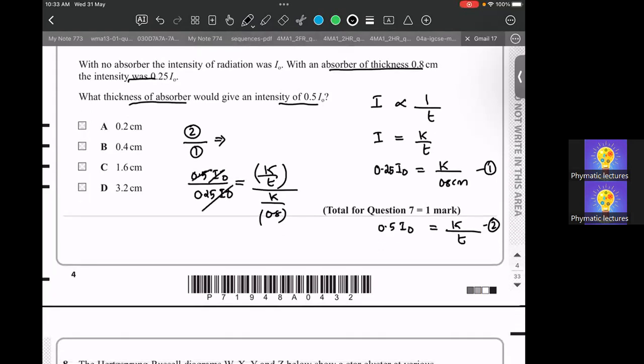I0 gets cancelled. 0.5 divided by 0.25 is 2. And K gets cancelled. So 2 is equal to 0.8 by T. That implies T is equal to 0.8 by 2, that is 0.4 centimeter. So which option is the correct one? B, 0.4 centimeter. Hope you got the idea.